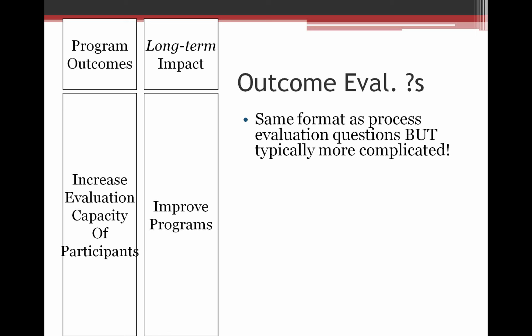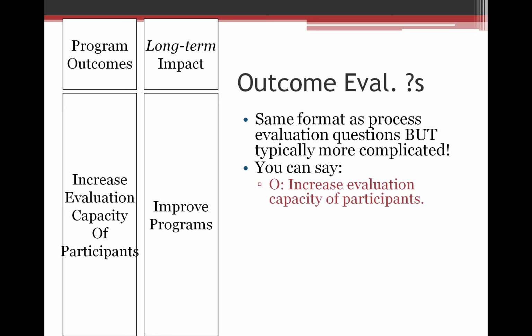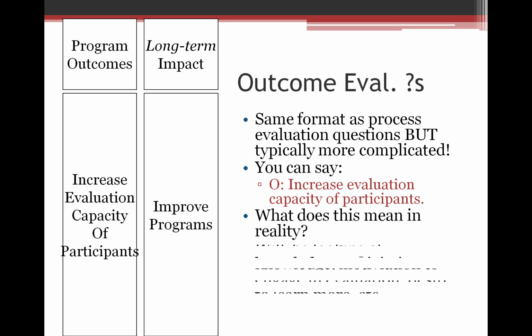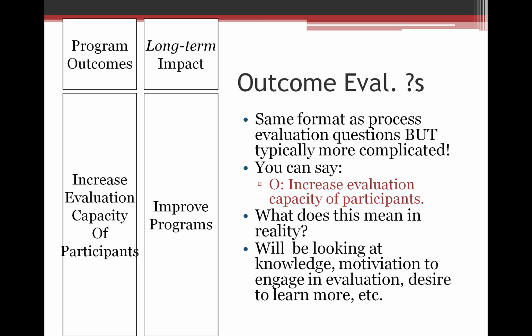What does it mean to improve programs? What does that look like? So you could say as your objective, increase evaluation capacity of participants, but what's your question off of that? What does that really mean? For something like this, we're going to have to break that down, and we're going to have to look at things like knowledge, motivation, engagement, desire to learn.